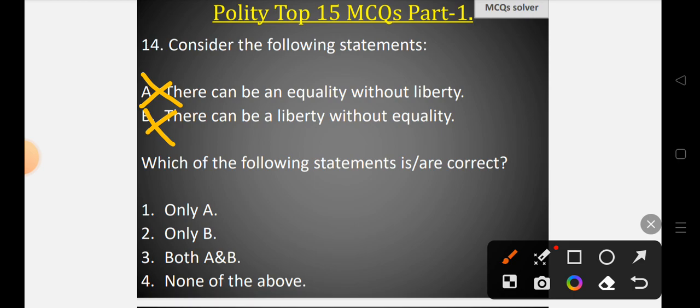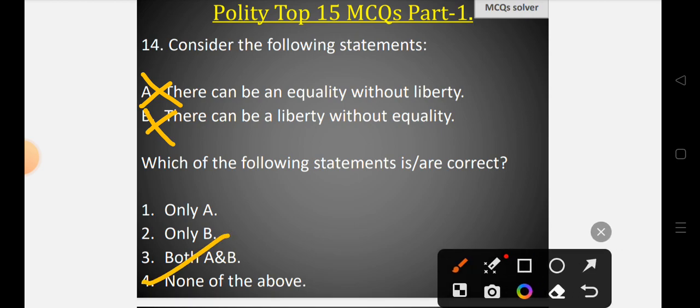If there is liberty to come at any point of time in the house, the same thing should be provided to that girl also, and there should not be any discrimination based upon sex or religion or caste or place of birth, etc. So both the statements are incorrect. So the correct option is none of the above, that is option number 4.